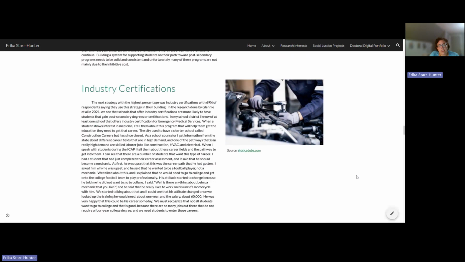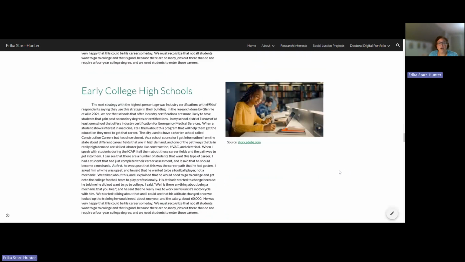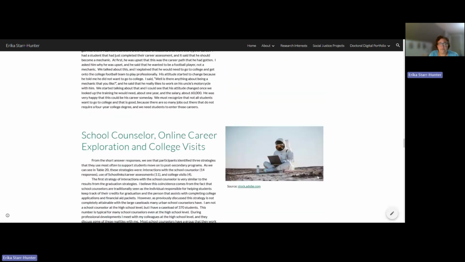Industry certifications. This is when a student is in school, they can gain an industry certification so that when they graduate, they can go right to work essentially, or go right into a trade program. Early college high schools. This is a program where high school students are already taking college courses.